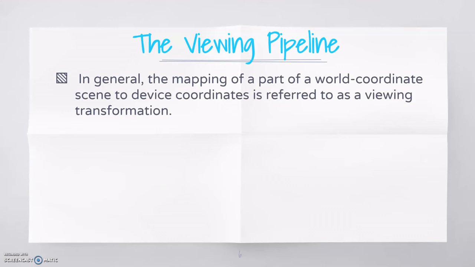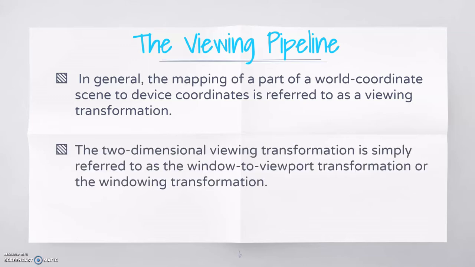In general, the mapping of a part of a world coordinate scene to device coordinates is referred to as a viewing transformation. The two-dimensional viewing transformation is simply referred to as the window to viewport transformation or the windowing transformation.